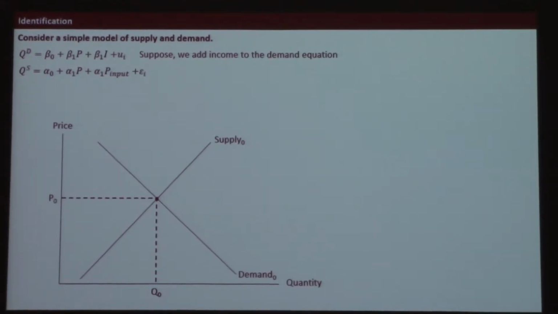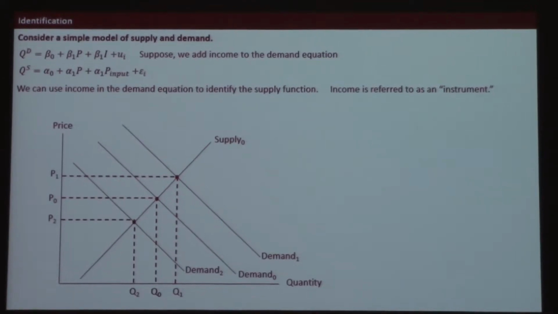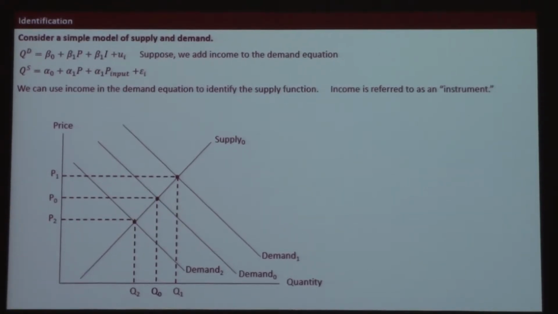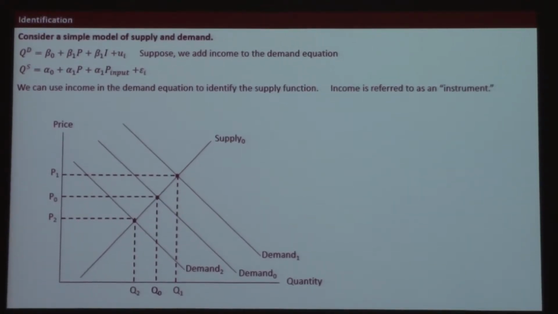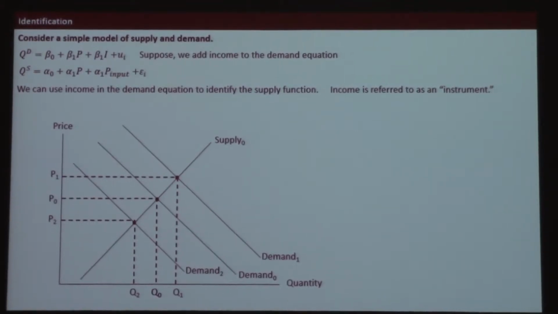So we need to include into our model something in the demand curve that shifts it up and down so that we can trace out the supply curve. So now we can, again, shift the demand curve and literally trace out that supply curve, and then be confident that when we run our regression, we're actually getting a supply curve and not by accident a demand curve, or by accident one of those other curves that were flat or perfectly vertical or all over the place.